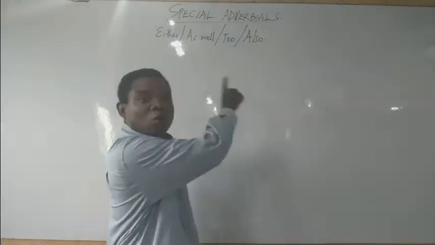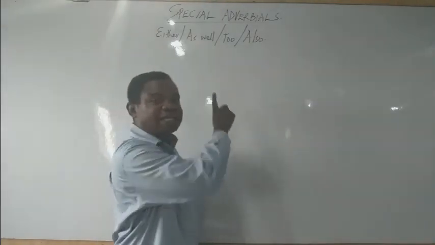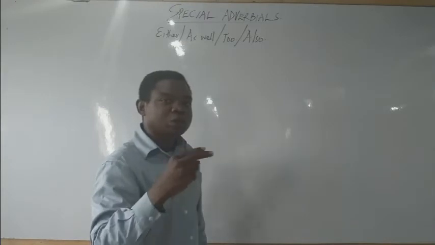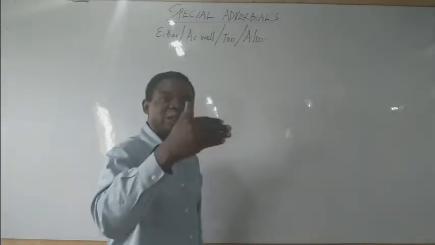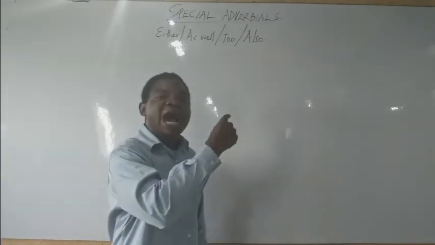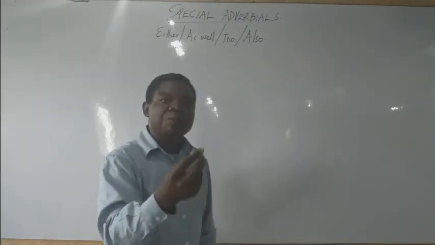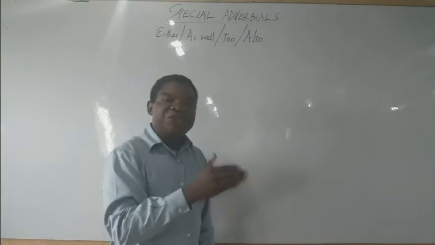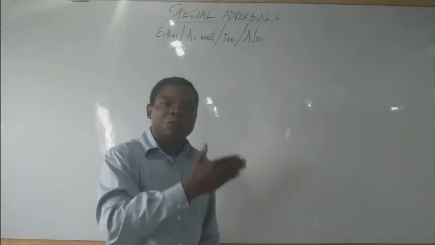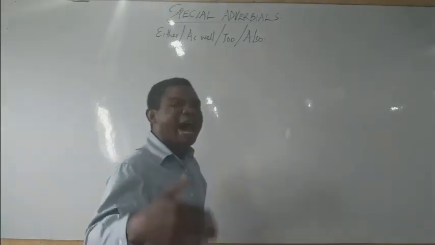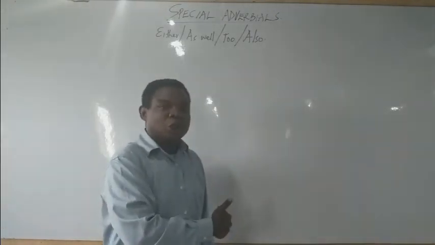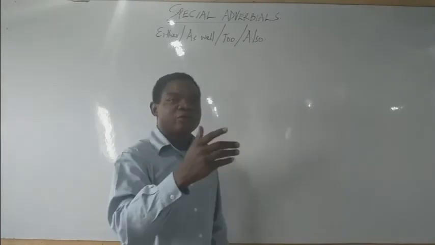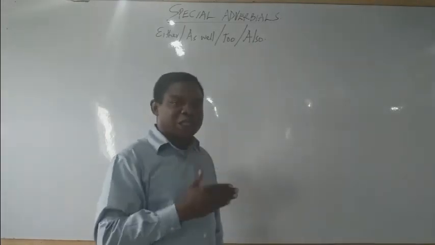Negative. Now, for either, I said there will be two clauses, and the two clauses will be negative, meaning first one negative, second one negative. But for as well and to, before they can exist in that sentence, the first clause will be what? Positive. Then you will now add a second negative clause to that first one that is positive.